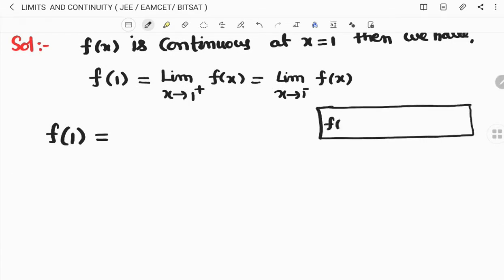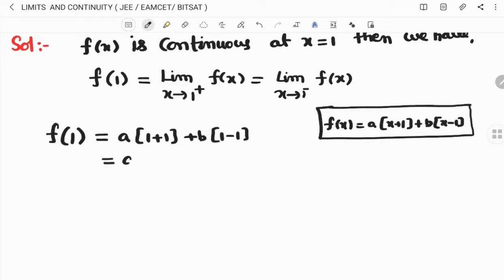F of x equal to a into step of x plus 1 plus b into step of x minus 1. So x is equal to 1, substitute: a into step of 1 plus 1, plus b into step of 1 minus 1. So a into step of 1 plus 1 is step 2, which is 2, plus 0. So ultimately f of 1 value is 2a.